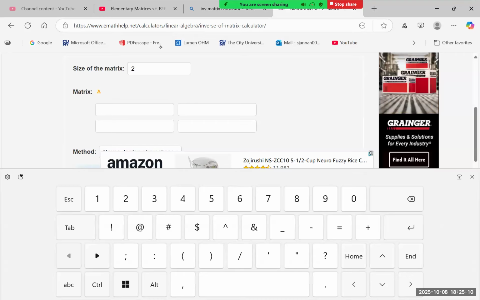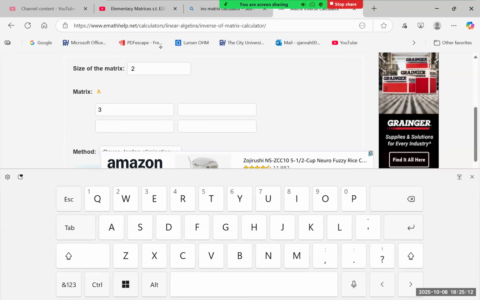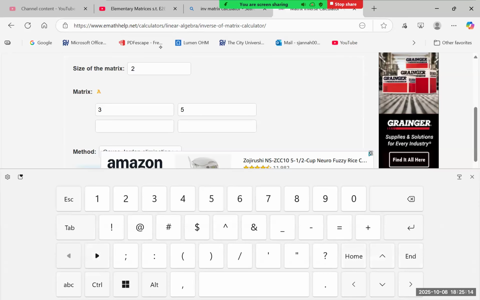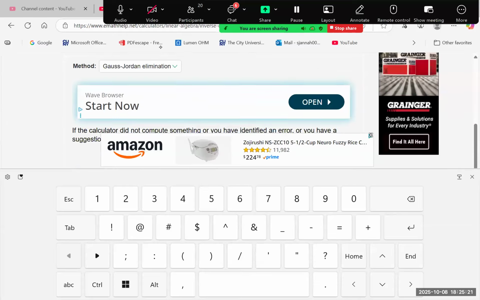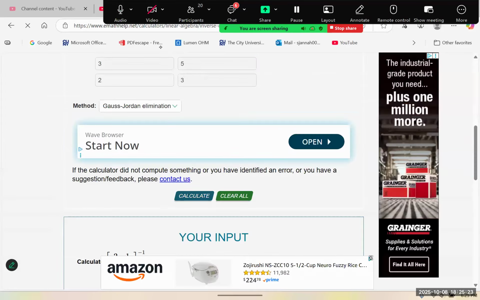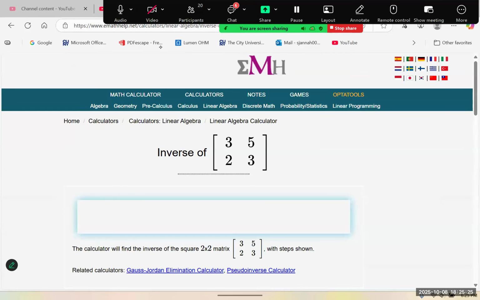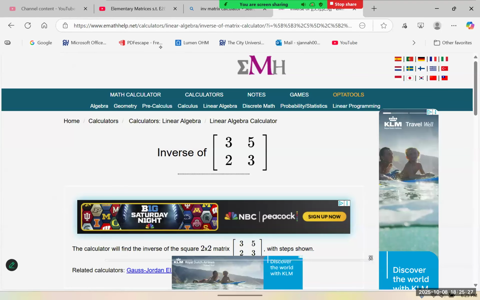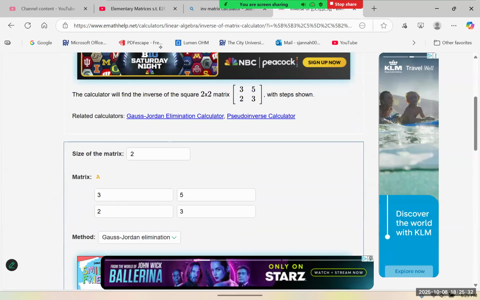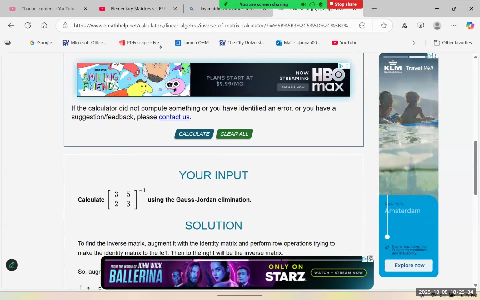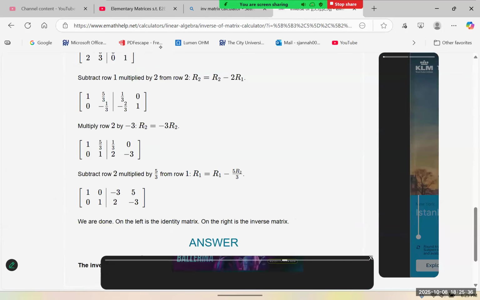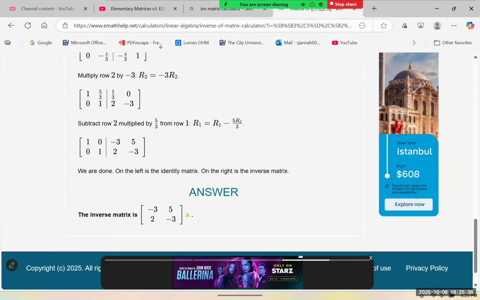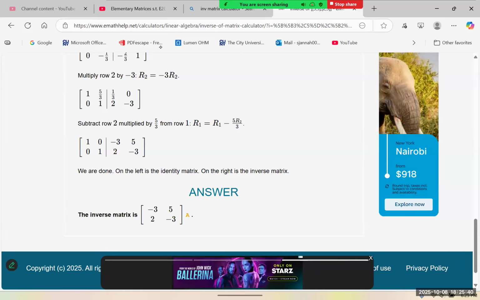So we have 3, 5, 2, 3. This one is 2, this one is 3. Calculate. Oh yeah, we can actually check that. Good. I didn't realize that. Okay, see, that it draw operation. See, I was correct. It should be 5.